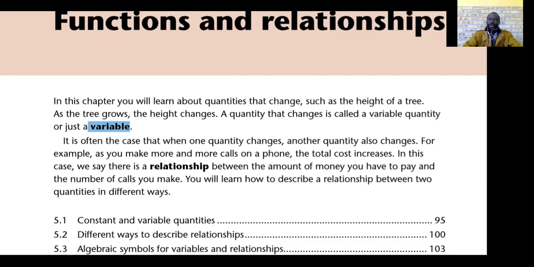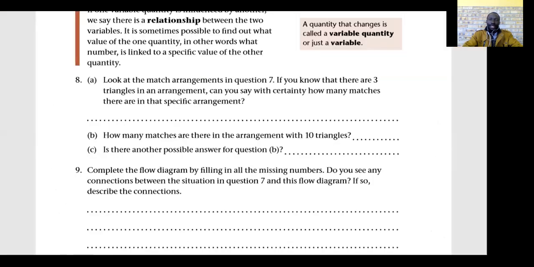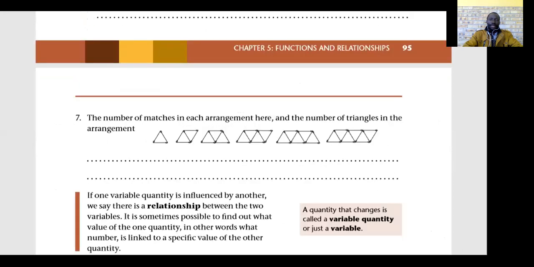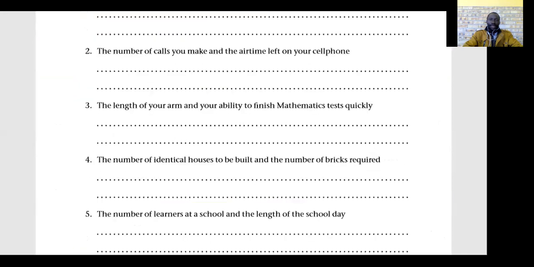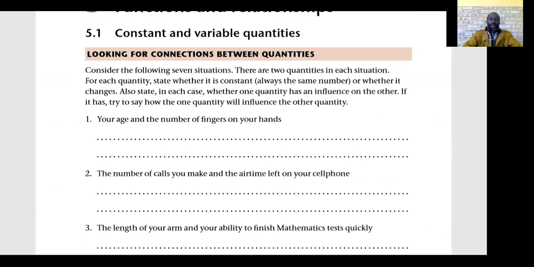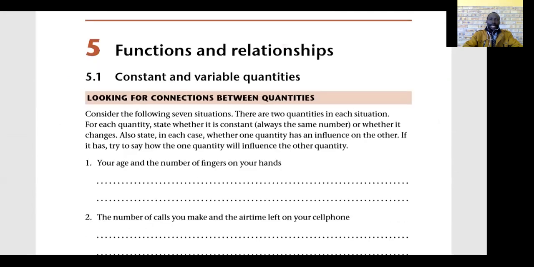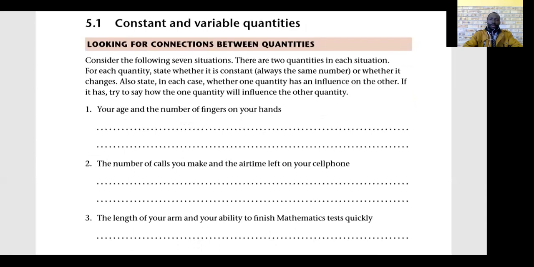With quantities, we mean basically everything you can relate with another item. So this is the first thing we want to look at, which is constant and variable quantities. Now, consider the following 7 situations which are listed here. There are 2 quantities in each situation.